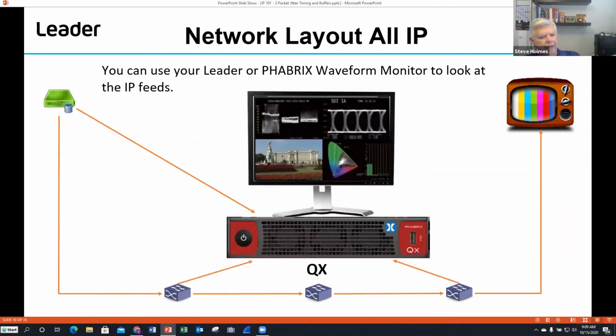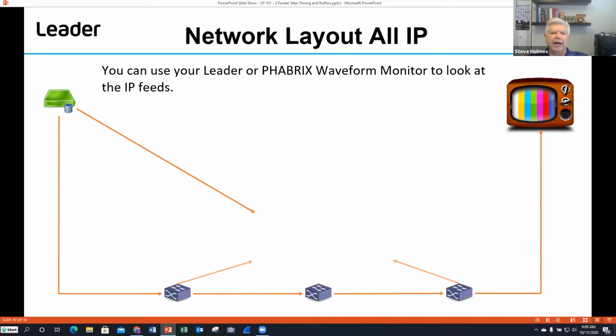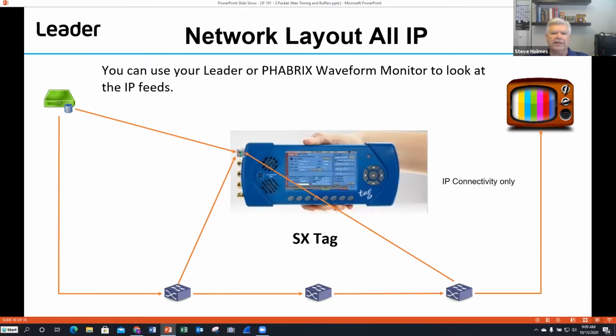We may have a Sencore QX that is in the middle and looking at different points. And then we've got the SX tag, which is a very valuable tool because it's portable and you can get behind the rack and you can move around very easily and quickly. So it's just the tools that we're going to use that are getting into this.